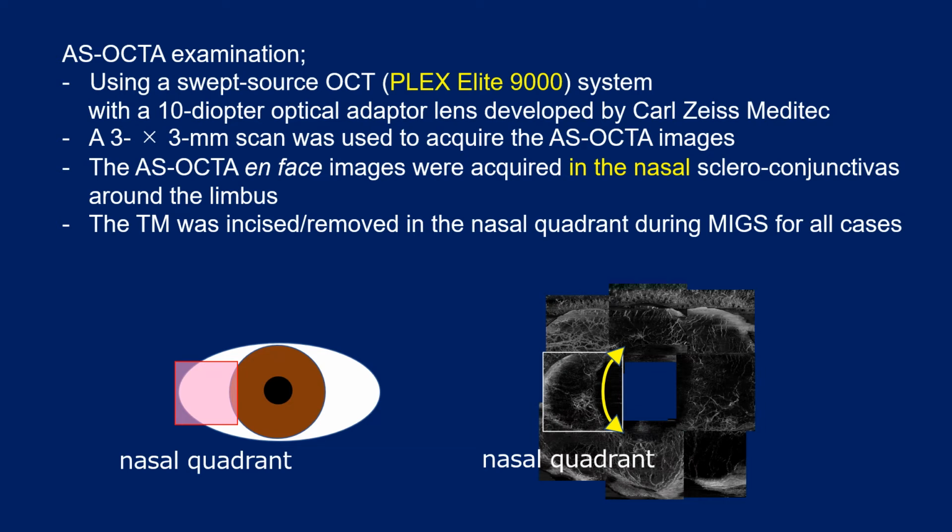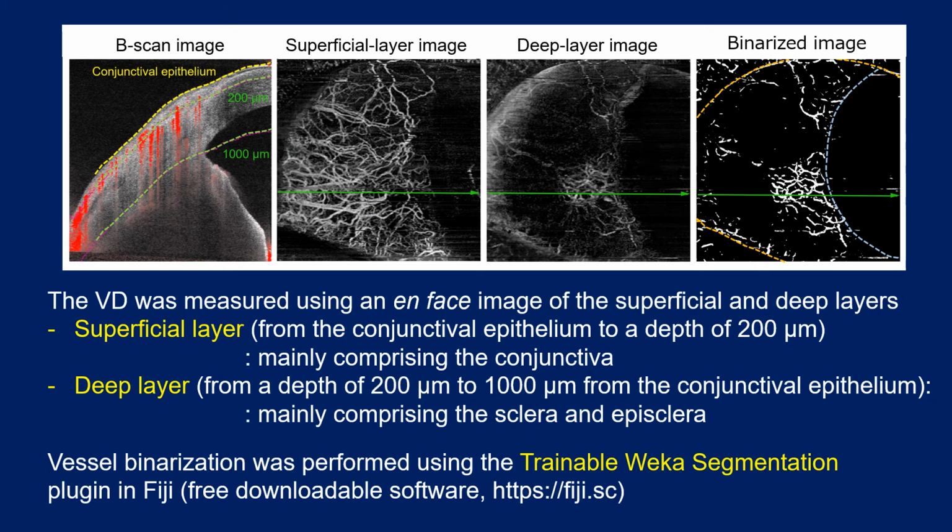AS-OCTA examination was performed using Flex Elite 9000. The AS-OCTA en face images were acquired in the nasal sclero-conjunctiva around the limbus. The trabecular meshwork was incised in the nasal quadrant during MIGS for all cases. The vessel density was measured using en face images of the superficial and deep layers.